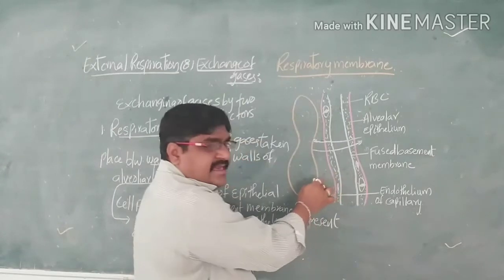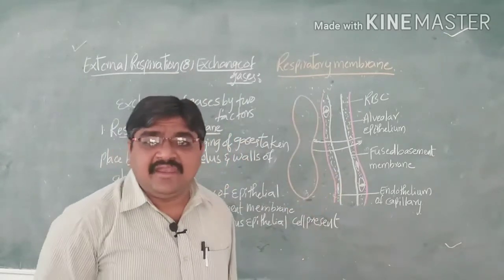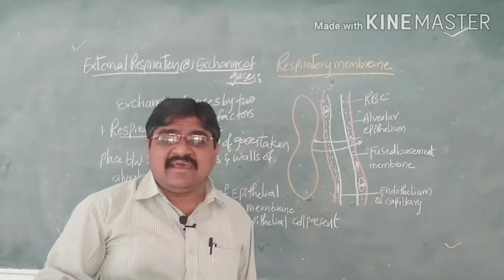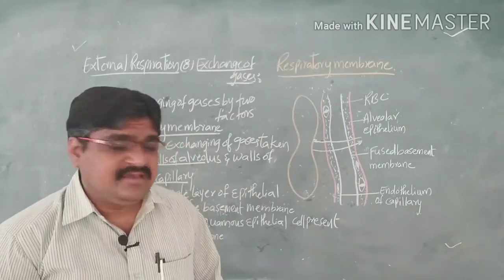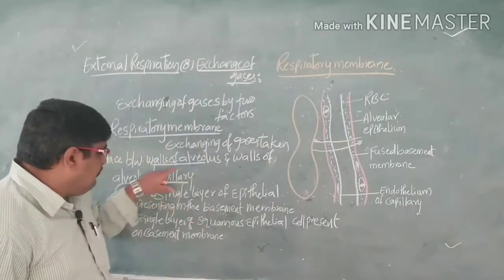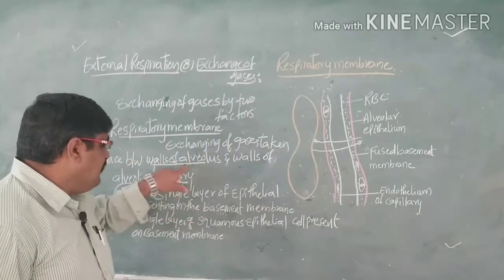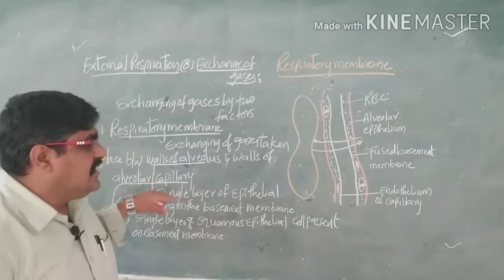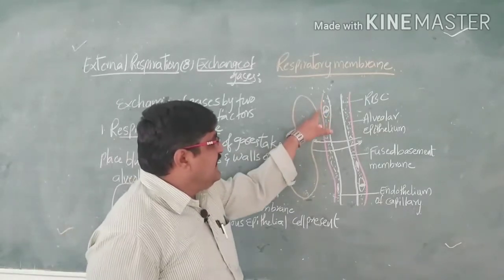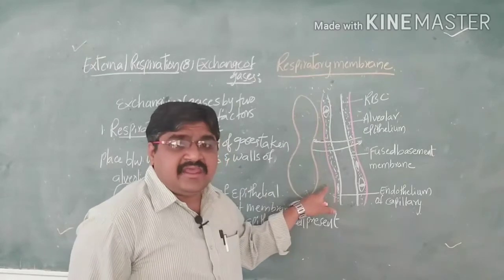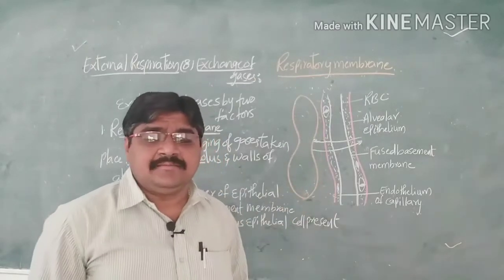You have a thin layer of respiratory membrane, where the gases are exchanged. Between the walls of the alveolus and the walls of the alveolar capillaries, a thin respiratory membrane is present.